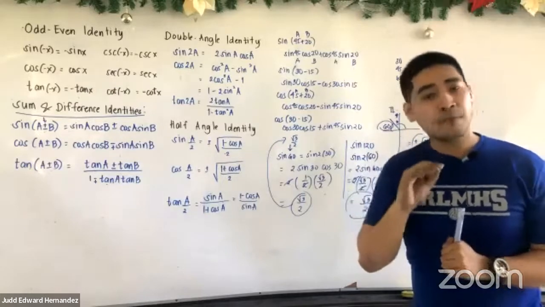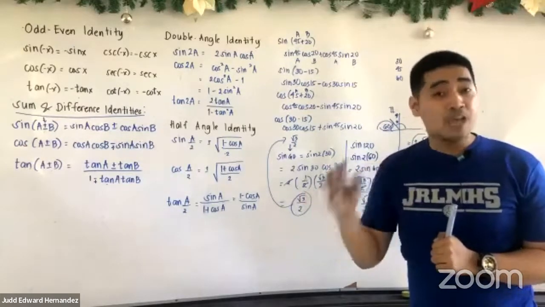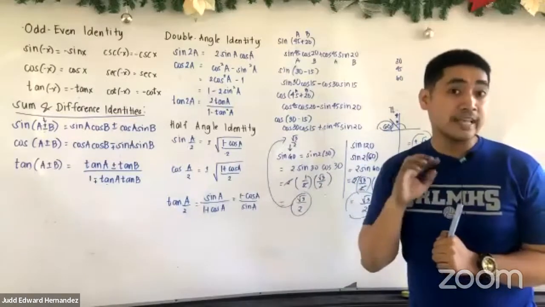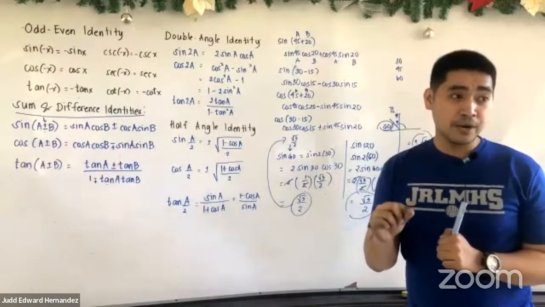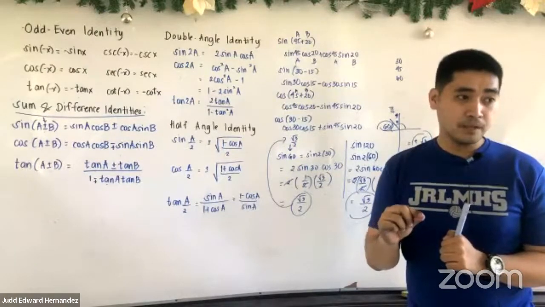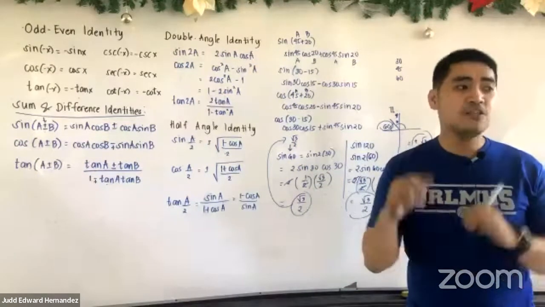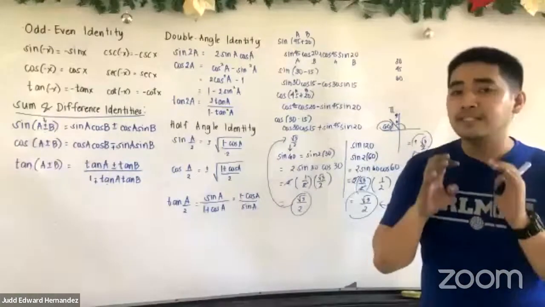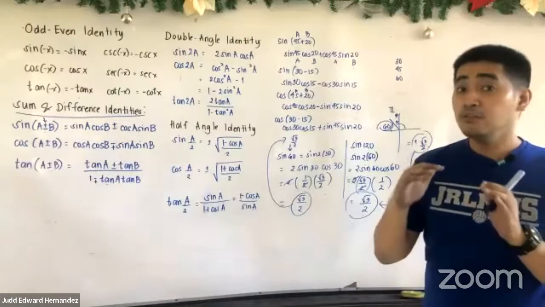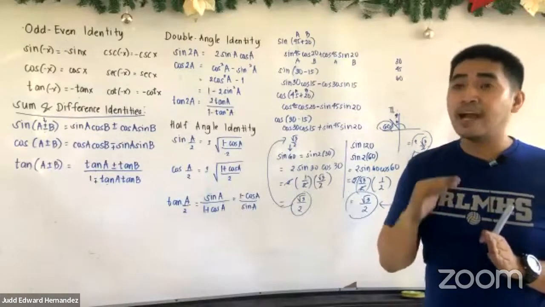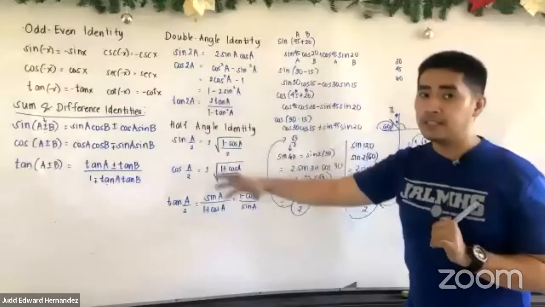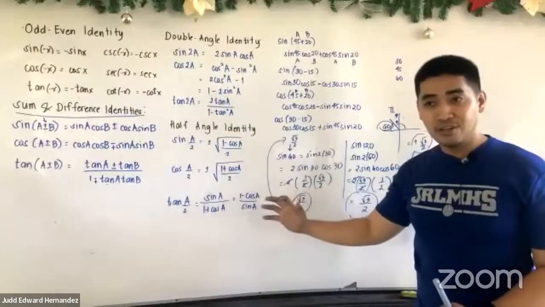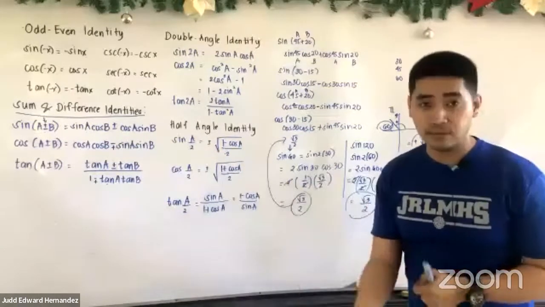Regardless of what type of identity you use, you will have the same end result. That is what I want to instill in you: even if you use different solutions and different identities, we will still have the same end result.